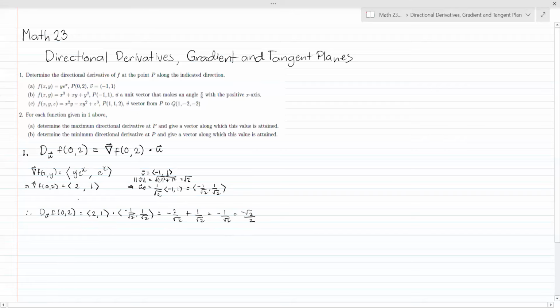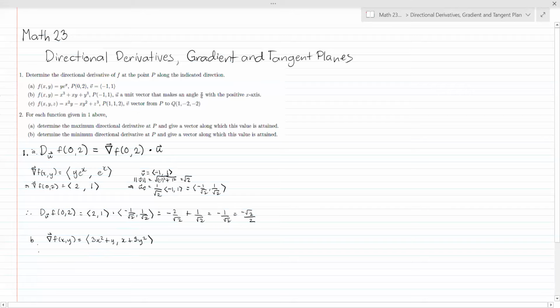The gradient will be equal to the x component, f partial x. That is 3x squared plus y, plus 0 because the 3 is a constant and y is a constant. And then f partial y is x plus 3y squared.